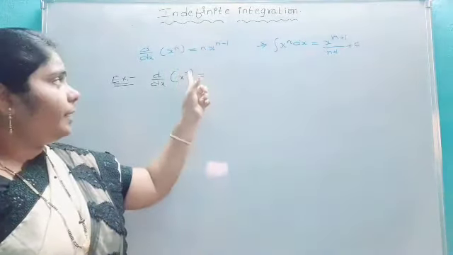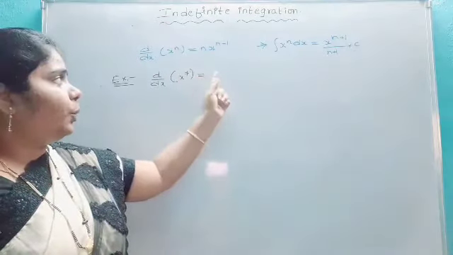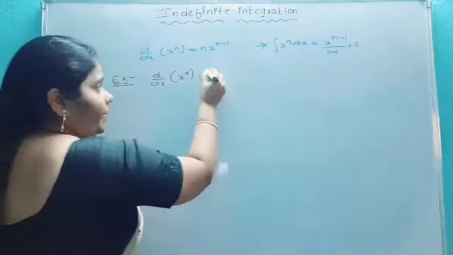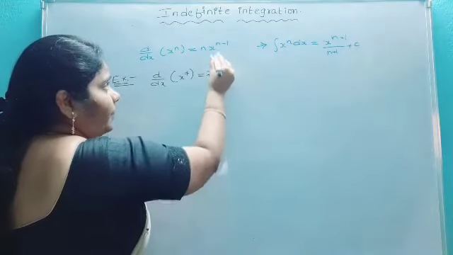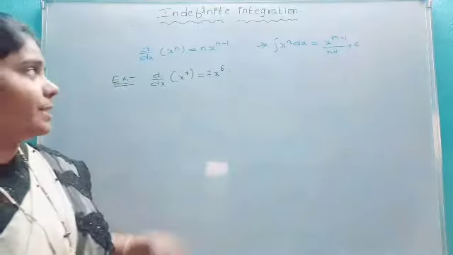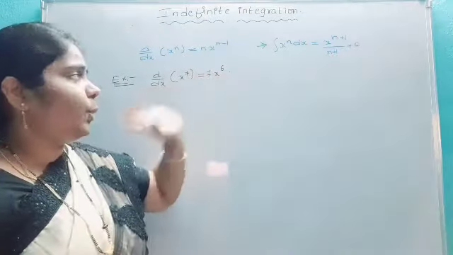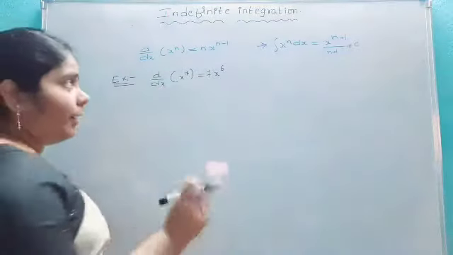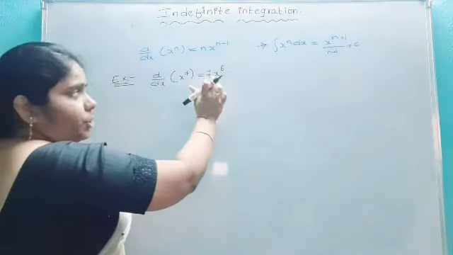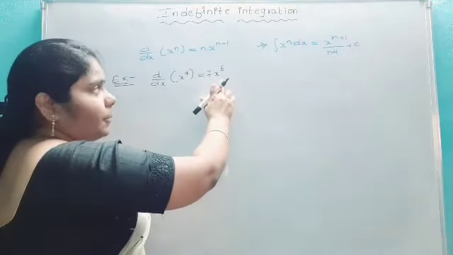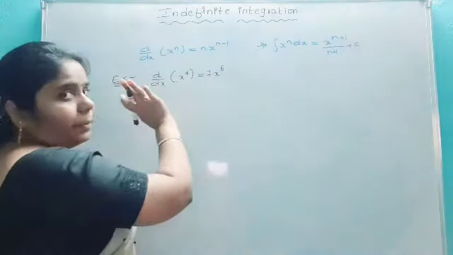Here n is equal to 7. n into x power n minus 1 is 7 into x power 7 minus 1, that is 7 into x power 6. From the differentiation we get the integration. That means apply the integration to this function 7 into x power 6; from that we should get x power 7.